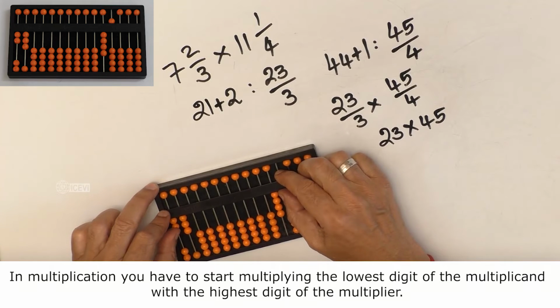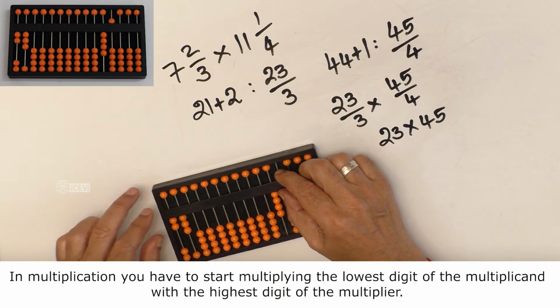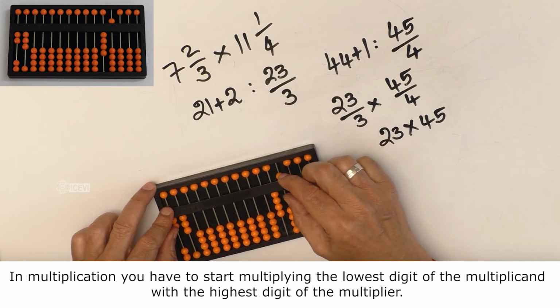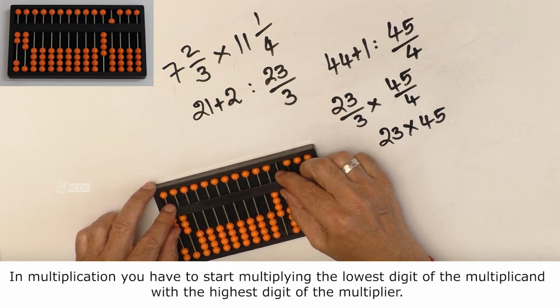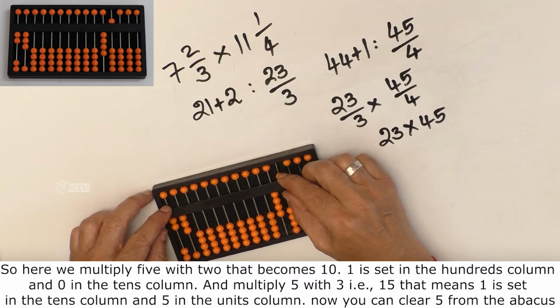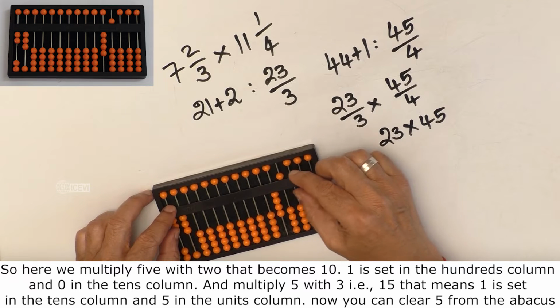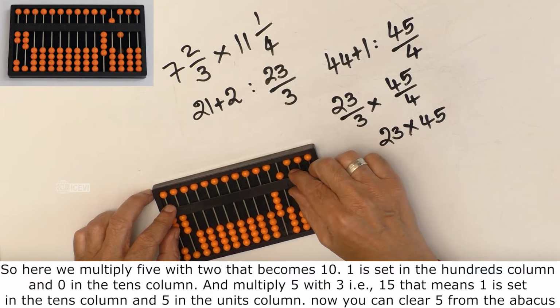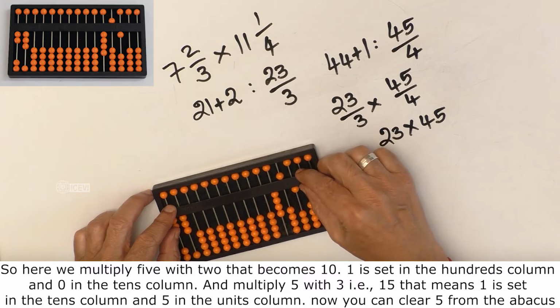In multiplication, you have to start multiplying the lowest digit of the multiplicand with the highest digit of the multiplier. So here we multiply 5 with 2, that becomes 10. So 1 is set in the hundreds column and 0 in the tens column.